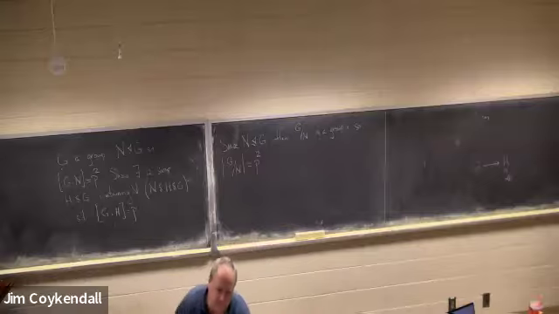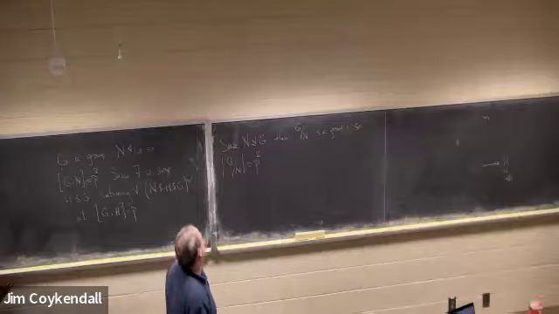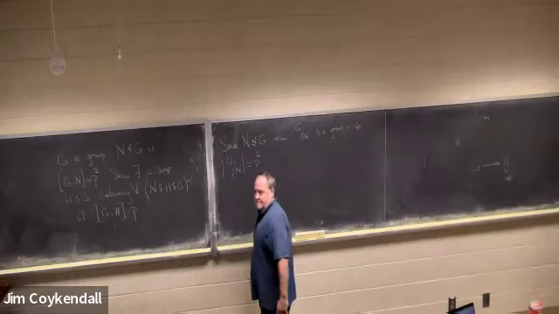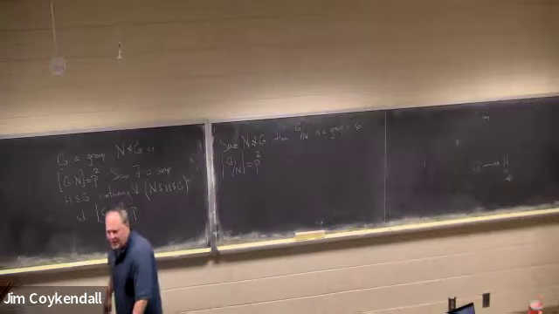Let me ask you a question. What does Cauchy's theorem tell us about any group of order P squared? Cauchy's theorem says that if you have a group of order N, and P is any prime that divides N, there has to be an element or a subgroup of that order, right? Oh yeah, I hope I said that problem.